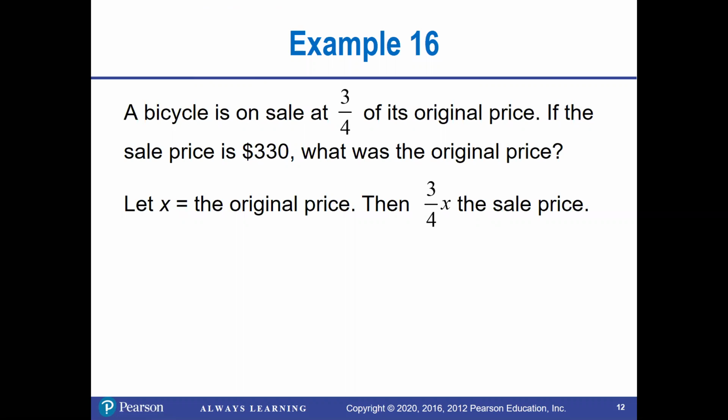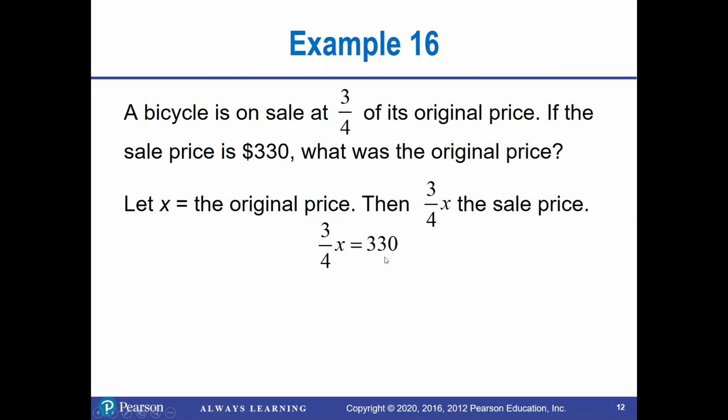All right, so if we take a problem, it says a bicycle is on sale at 3/4 of its original price. If the sale price is $330, what's its original price? So if I take 3/4 times its original price, that would be 3/4 x is equal to 330.